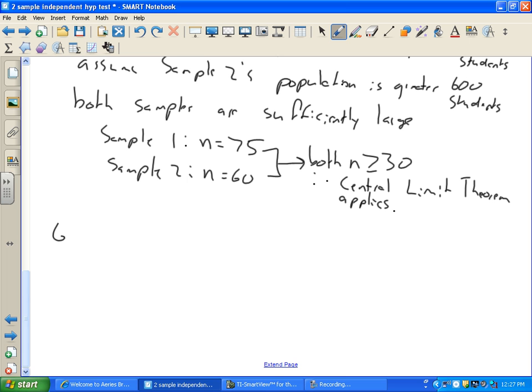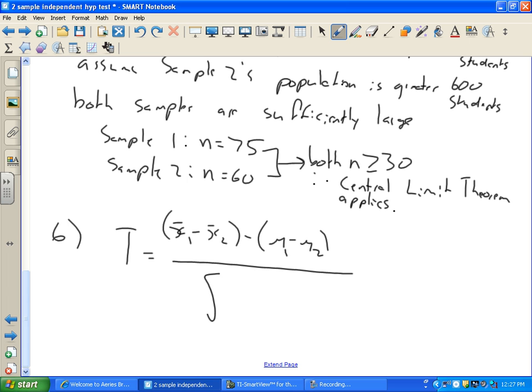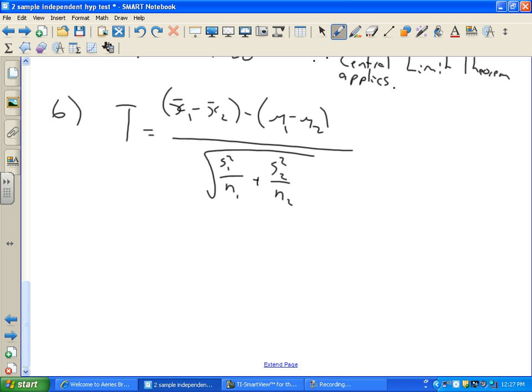Step 6, write the statistic. It's a t statistic. It's a little bit different. X bar 1 minus x bar 2 minus mu1 minus mu2 over, this is a bigger one, the square root of s squared from sample 1 over n1 plus s squared from sample 2 over n2. Write it dry, then show it with your correct substitutions.